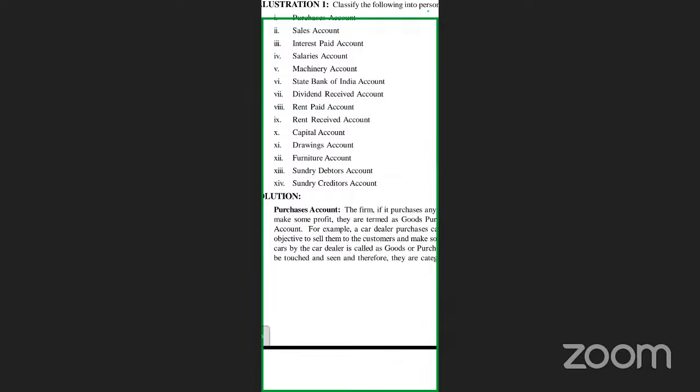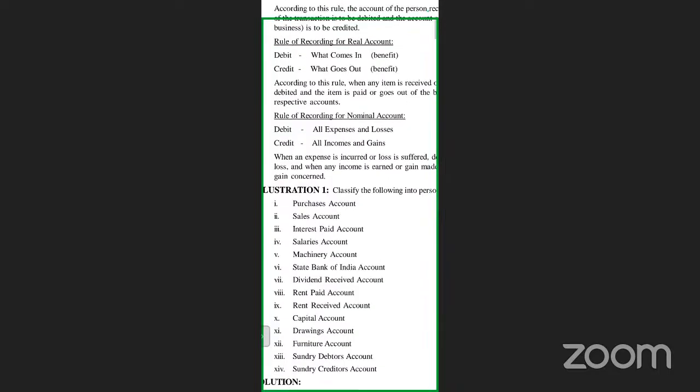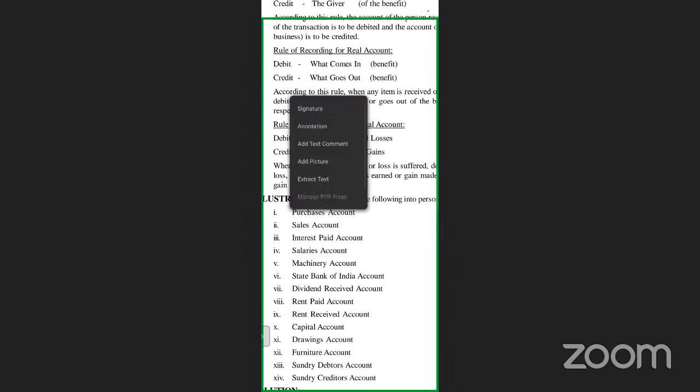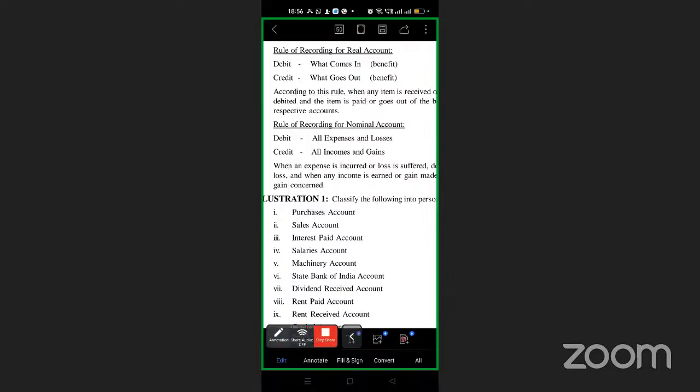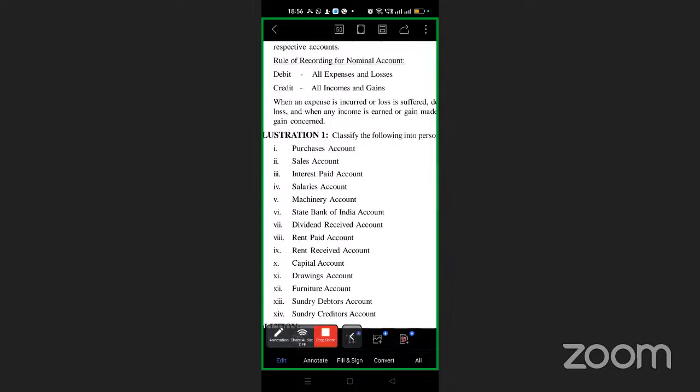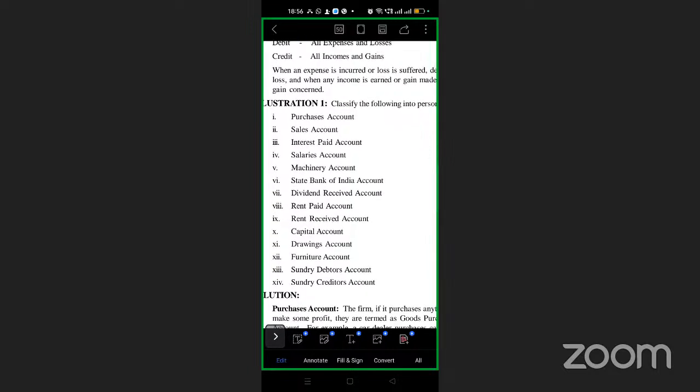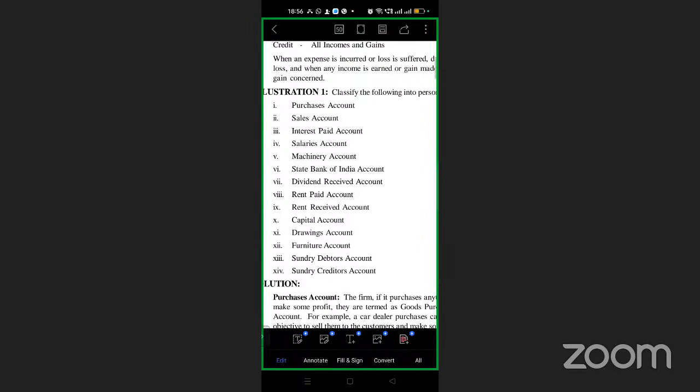Dividend received. Dividend is an income. It comes under nominal account. Credit all incomes and gains. So dividend is an income, it comes under nominal. Rent paid account. Rent is also an expenditure, nominal account. Rent received. It's an income to us, so nominal account.